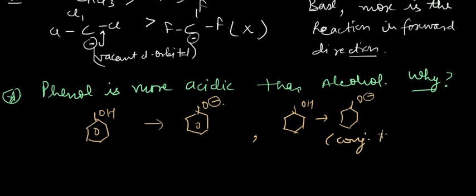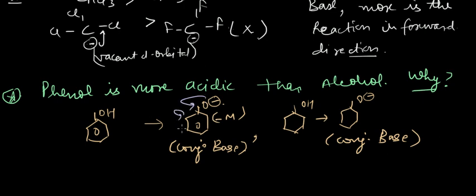This is the conjugate base, this is the conjugate base. In this case the O minus is attached to a minus M group, hence the electrons will be floating around in the ring. Hence it is a more stable compound. This implies that the acidic strength of phenol is greater than the acidic strength of alcohol.